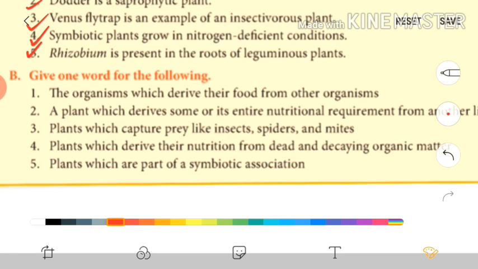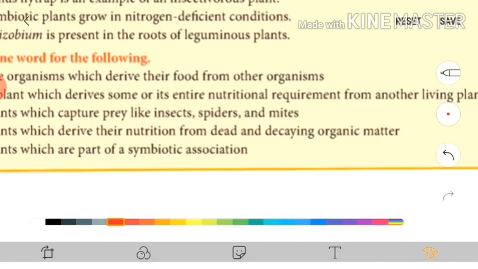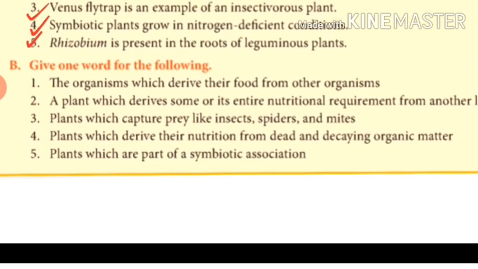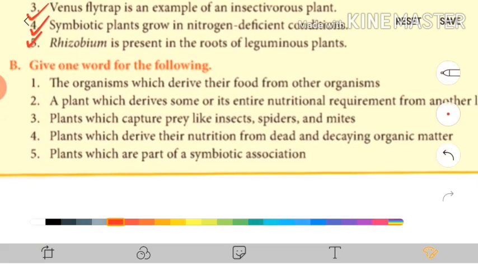In the heterotrophs, there are plants called insectivorous, and all these are parts of these organisms. Second one, a plant which derives some or all of its nutritional requirement from another living plant, so the answer of this is parasitic plant.